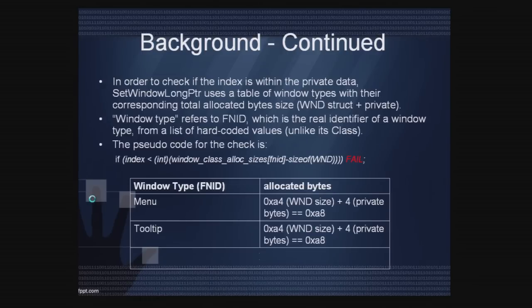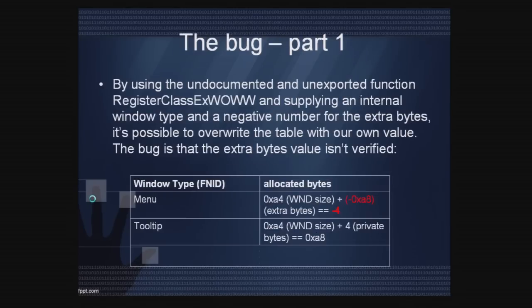There's the bug. By calling an undocumented, unexported function called whatever RegisterClassExWOW, you can actually change data in that table. So you register a class, you give it a negative extra bytes number, and what you've done is that you've just destroyed the value in the table.